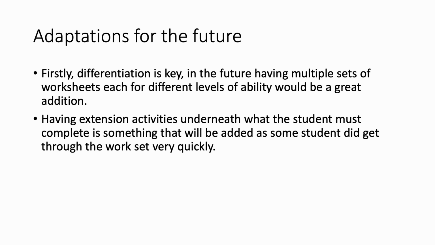And then lastly, I would want to put an extension activity underneath what the students must complete. Some students did get through all the work set very quickly, so I want to add extension tasks such as questions on distillation so that they can get on with that and maybe not disrupt the class. Thank you.